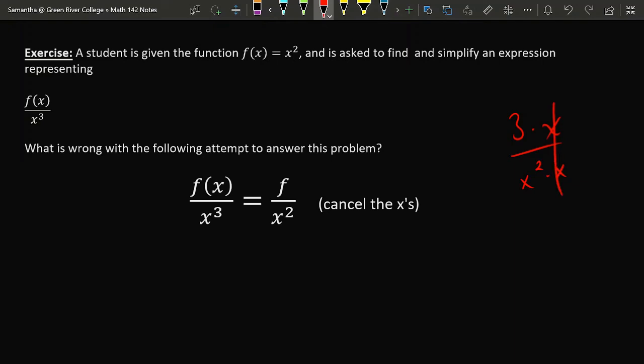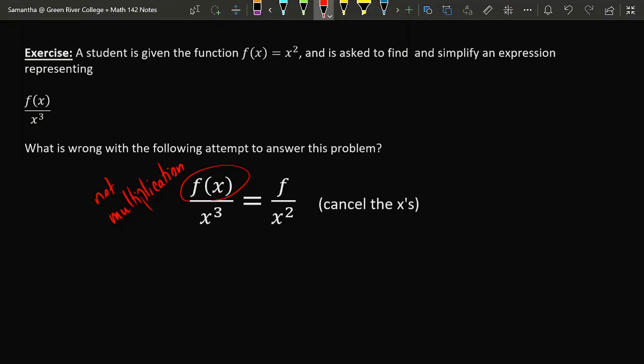So if I had 3 times x over x squared times x, then those x's would be common factors that I would be able to cancel out. The issue here, however, is that this expression in the numerator on the left side is not f times x. This is function notation, not multiplication. So because this is not actually multiplication, the x in the numerator is not actually a common factor that can be cancelled.